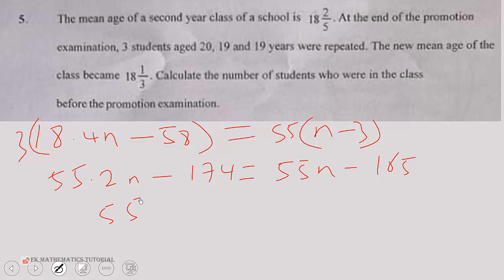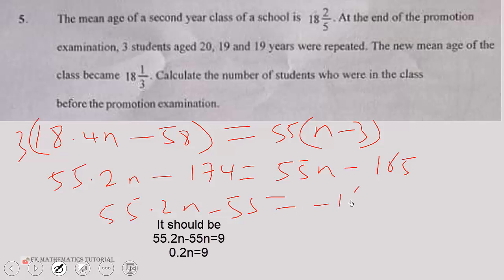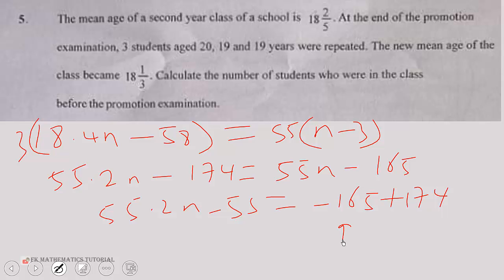So 55.2n minus 55n will be equal to 174 minus 165. 174 minus 165 is equal to 9.